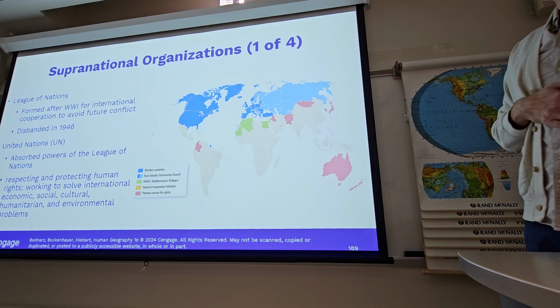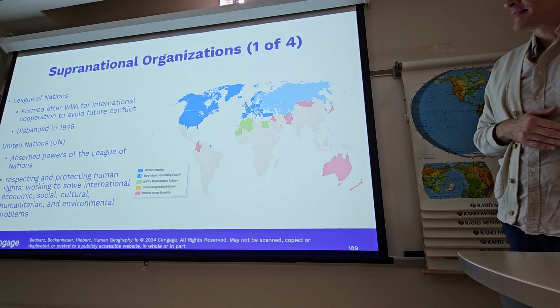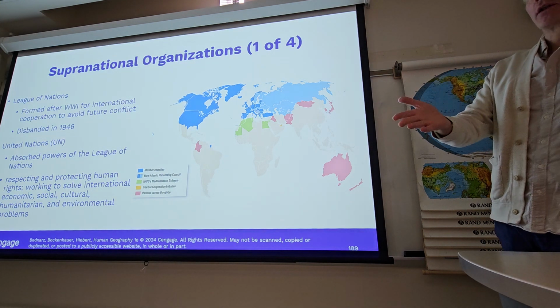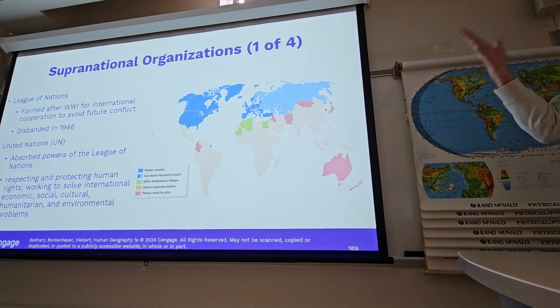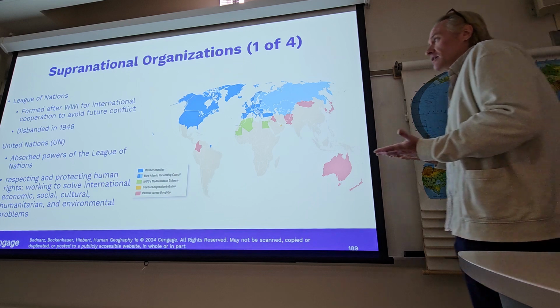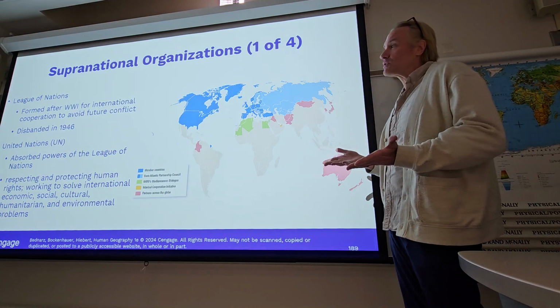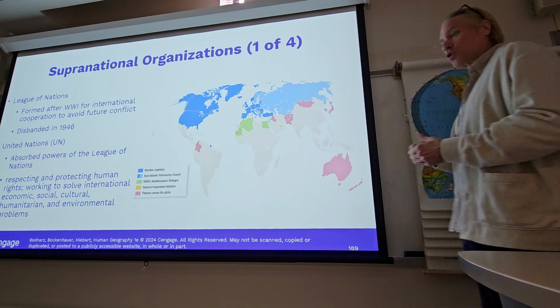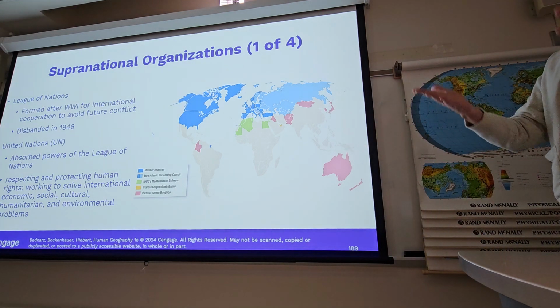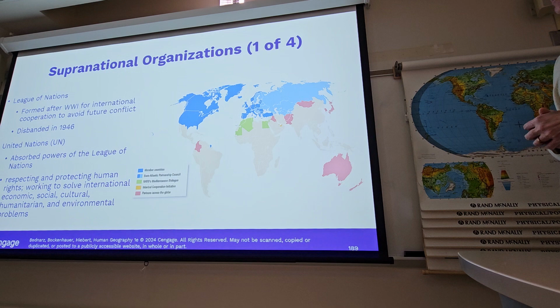The UN itself, not to be confused with NATO, is a worldwide organization, and it has far less resources. It's not really a military organization. It usually does more things to coordinate aid efforts for natural disasters and things like that.